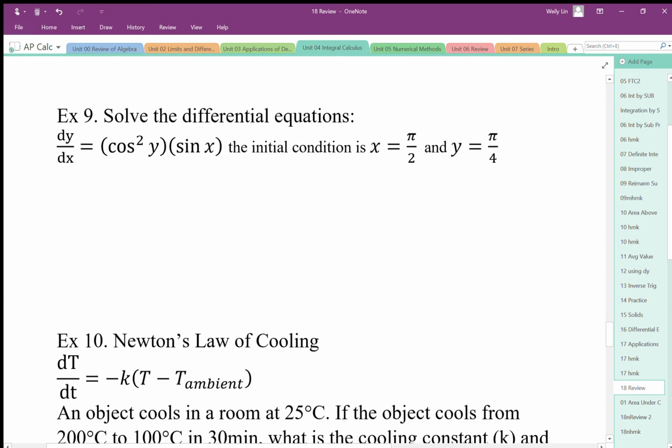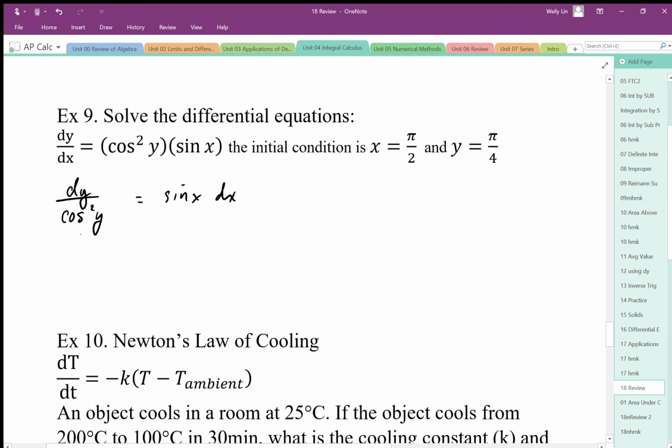Differential equations. Okay, to be able to solve differential equations like this, these are implicit functions. We have to be able to split it up with times and divide. So we need to be able to get the y to that side by multiplication or division, and dx to that side the same. So when I put the y variable with the dy, I get that. And I get sine x dx.